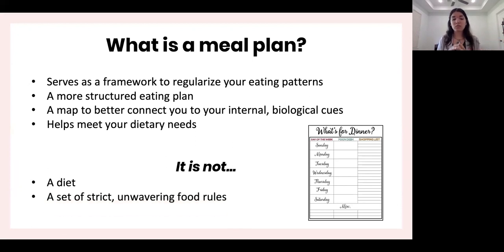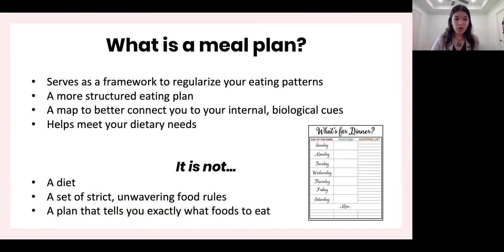It's not a strict set of unwavering rules. We work with our clients to some extent so that we are listening to their preferences, and we don't want to make it so that you have to eat this food. We want our clients to have a say in what they're eating, so that when their treatment is over, they can go on with their lives and have trust and confidence in their choices.